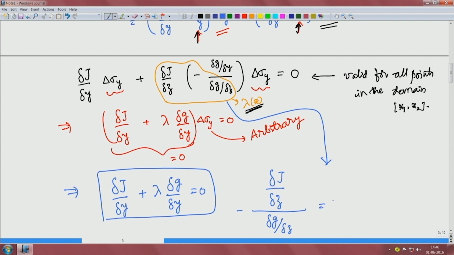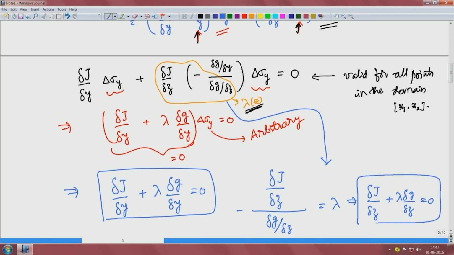We are calling this lambda of x, right. So, this gives us the variational derivative with respect to z plus, because this minus is there and we are taking it to the other side, lambda times delta g delta z equal to 0.